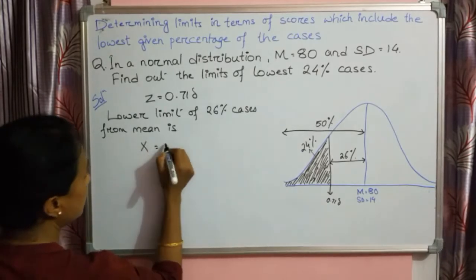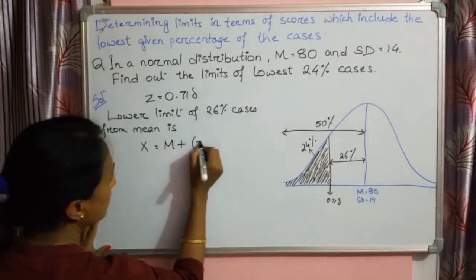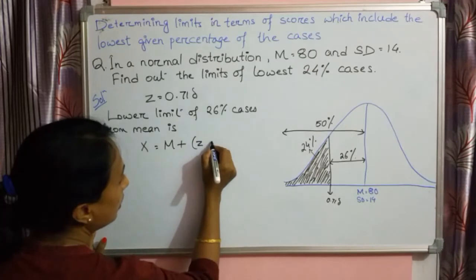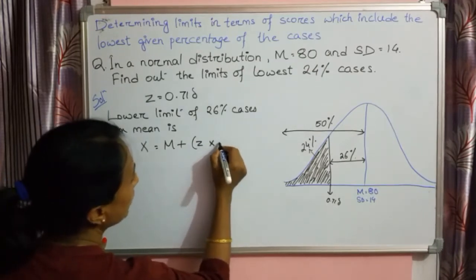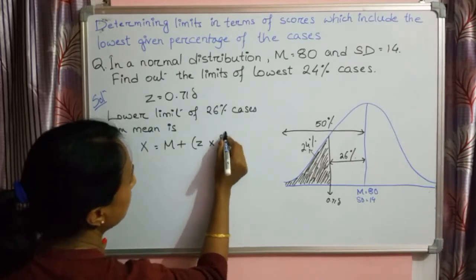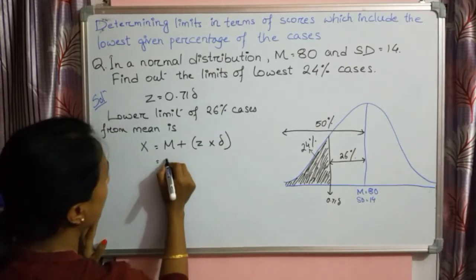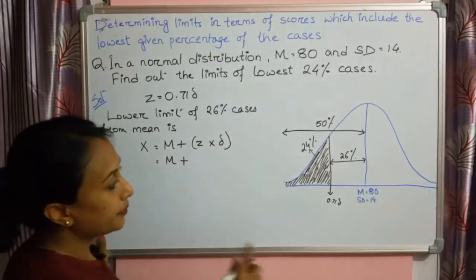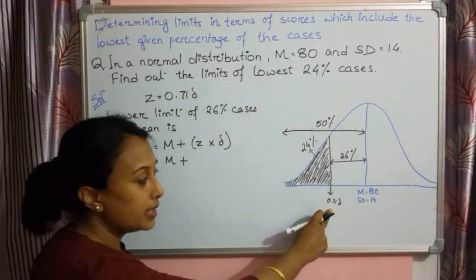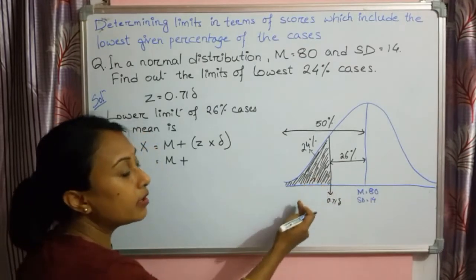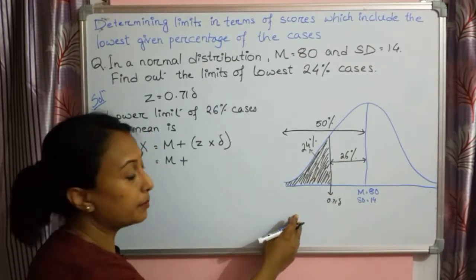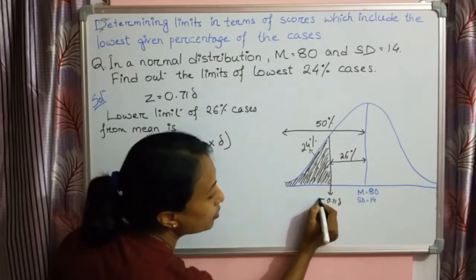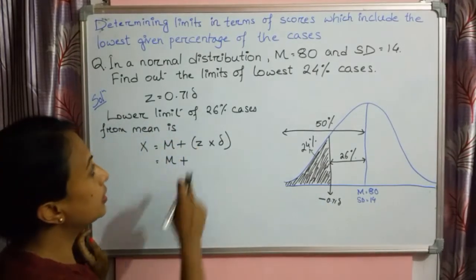X is equal to M plus Z into standard deviation. Look here, this Z score is lying on the left side of the mean, so we have to put a minus on the Z score.